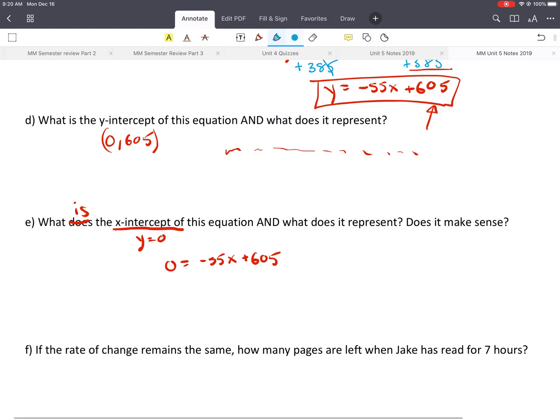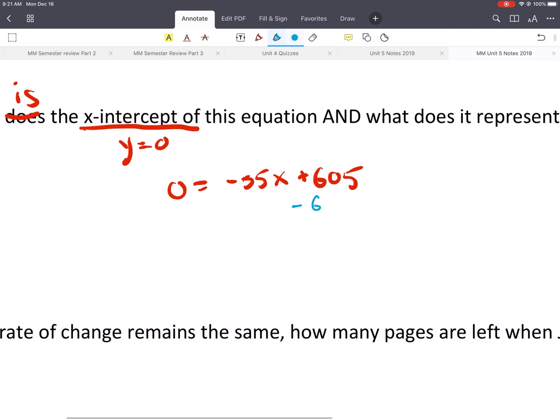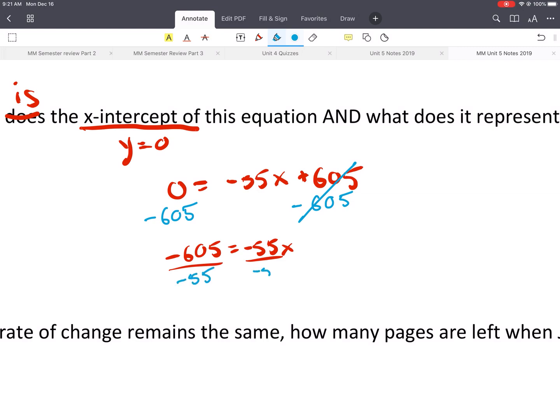So here we'd need to subtract 605 from both sides. Get negative 605 equals negative 55x. And then we'll just divide both sides by negative 55 to get x by itself. Okay.